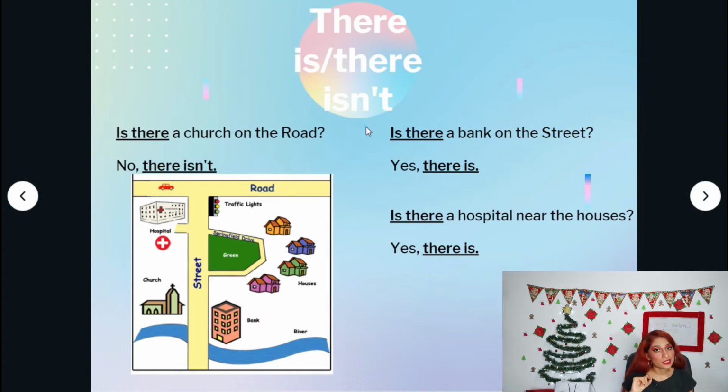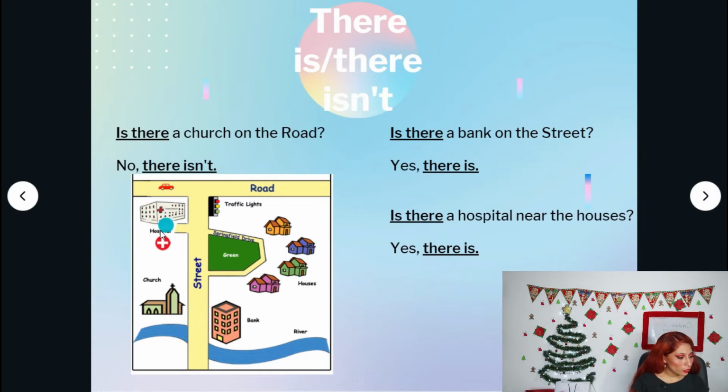Okay? Now, another question. Remember, all the questions start with is there. Todas las preguntas inician con is there porque son singular, ¿ok? Es muy importante que recuerdes esto. Then we have, is there a bank on the street? Okay, we need to pay attention to this street right now. I'm trying to find out where is the bank.